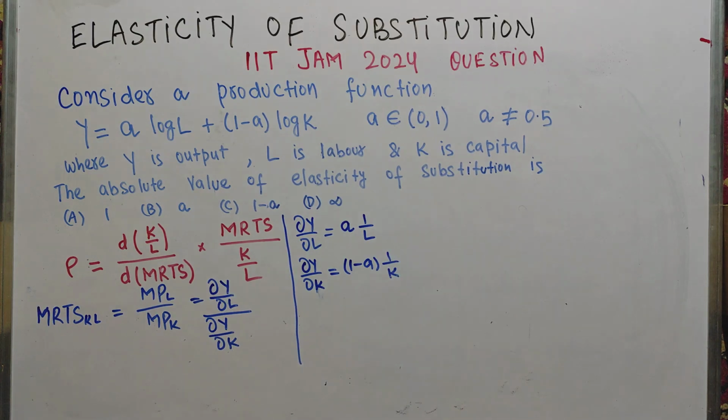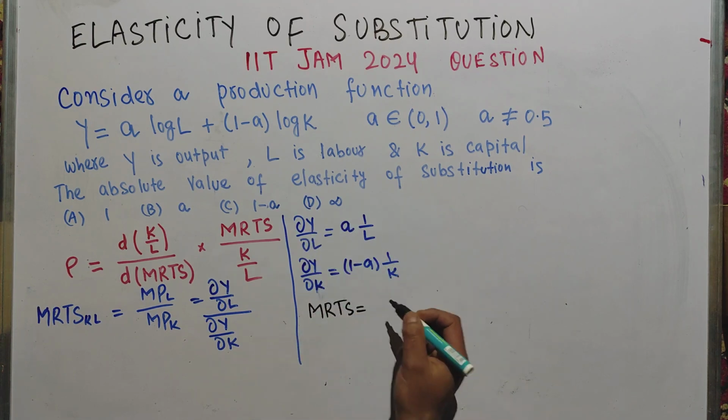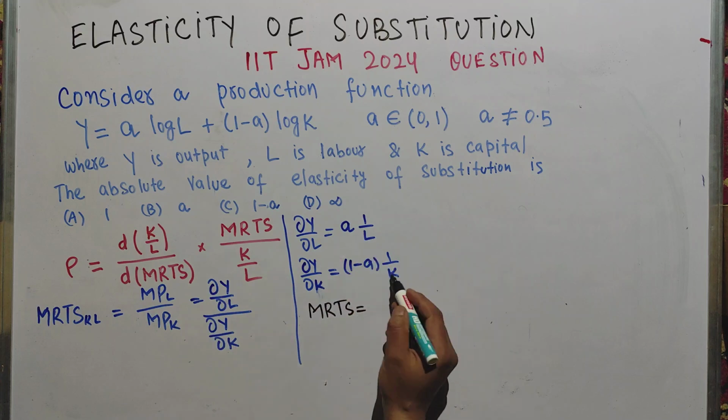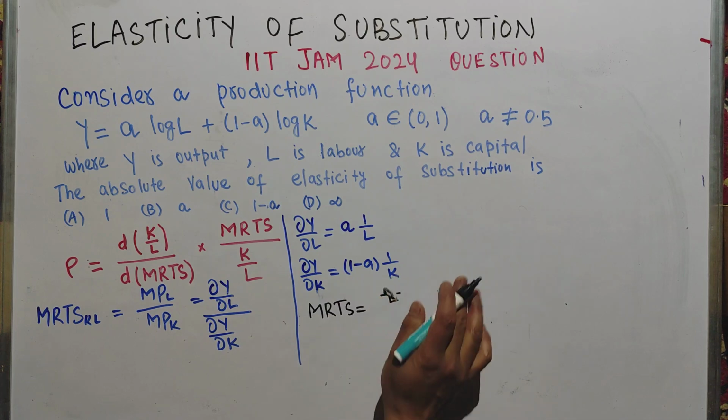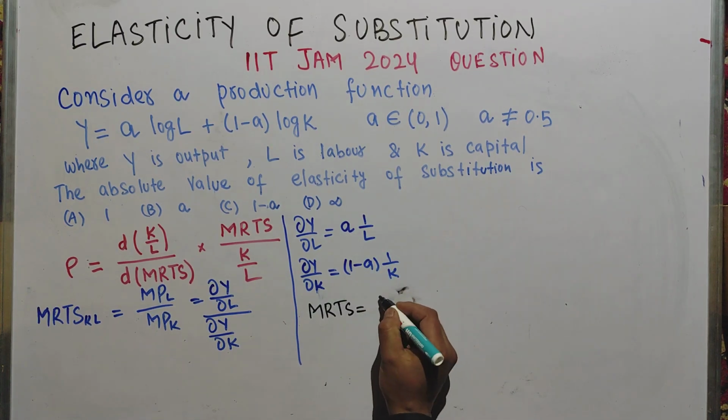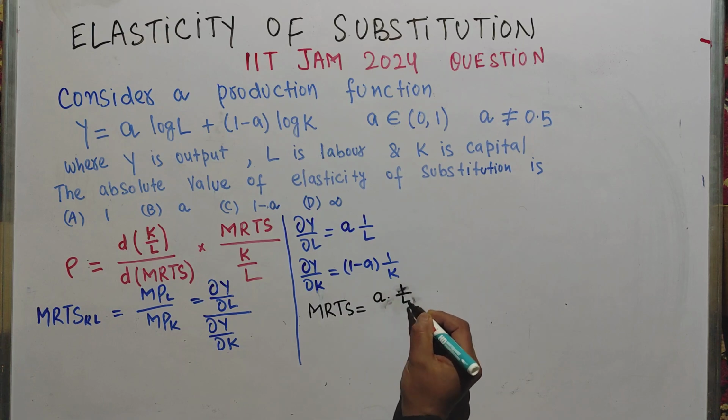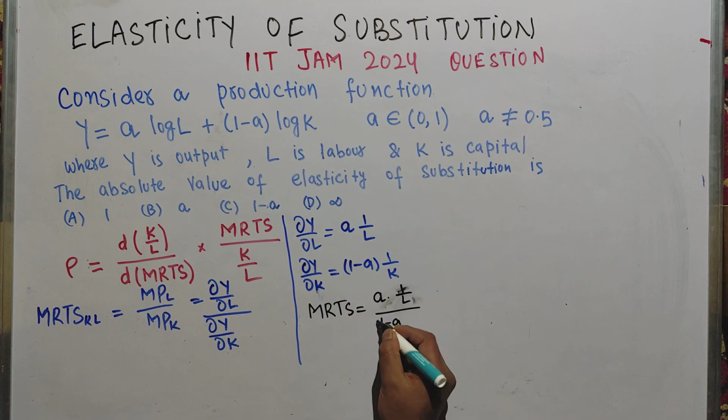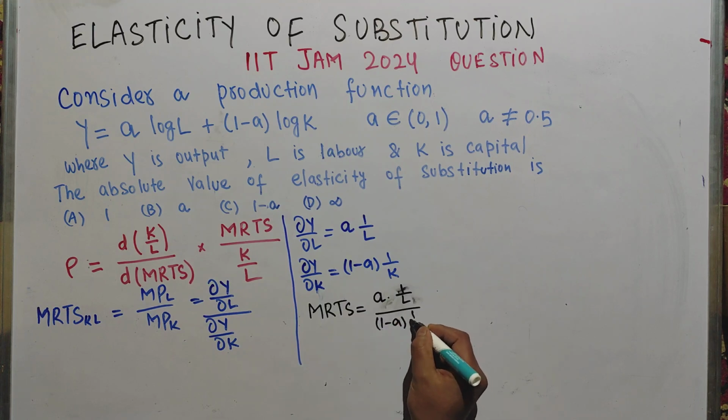Okay, so what will be then the marginal rate of technical substitution? MRTS will be equal to the ratio of these two derivatives, that is the marginal product of labor, which we calculated as a upon L, so a into 1 upon L, divided by the marginal product of capital, which is 1 minus a times 1 upon k.